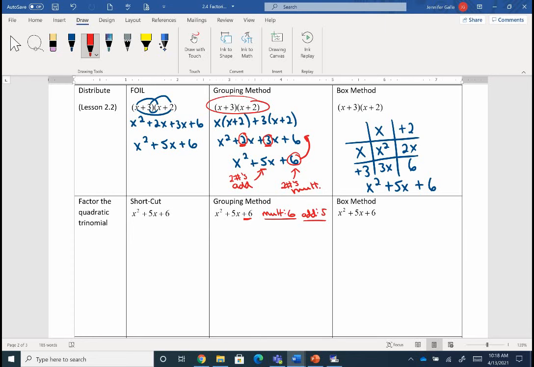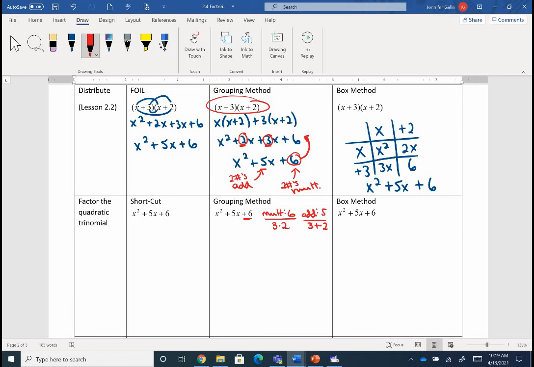There's a lot of numbers I can add together to get 5. There's not a lot of numbers I can multiply to get 6. All right, so multiply to get 6, same two numbers add to give us 5. 3 and 2 are going to fit the bill. 3 times 2, 3 plus 2. If you need to show yourself that, you sure can.